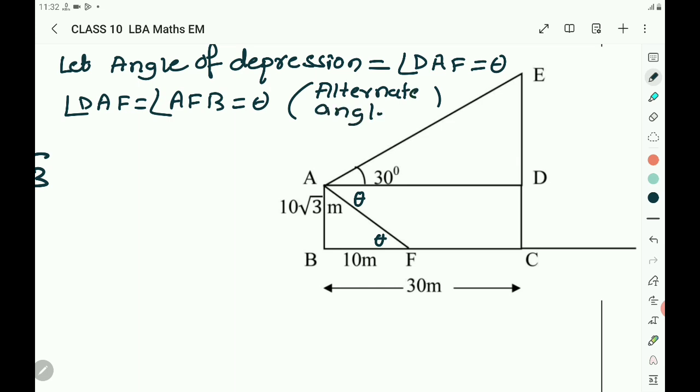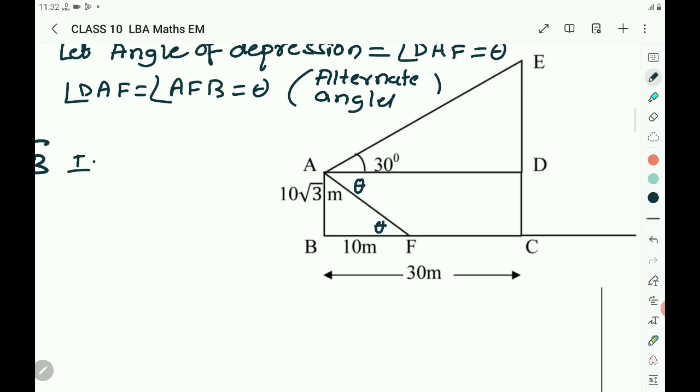Alternate angles. Now take this triangle ABF. Then you write in the right angle triangle ABF, here AB is given, BF is given. By using the two sides, it is easy to get the value of theta. So AB is the opposite side for this theta and BF is the adjacent side.